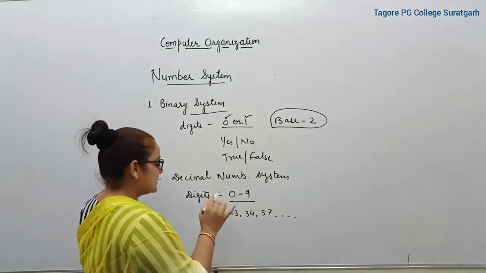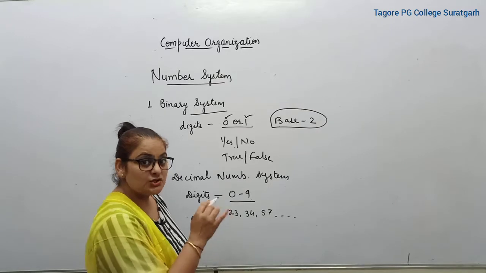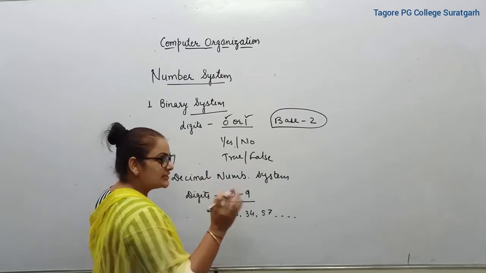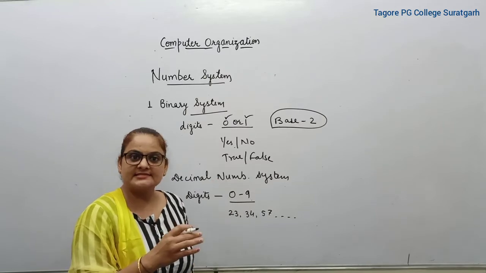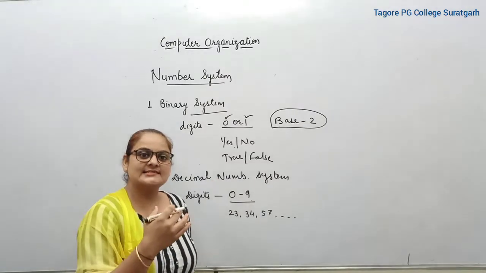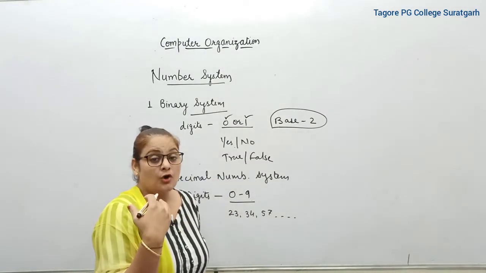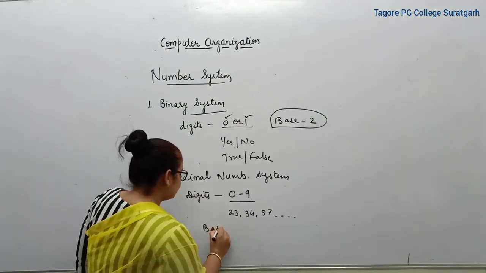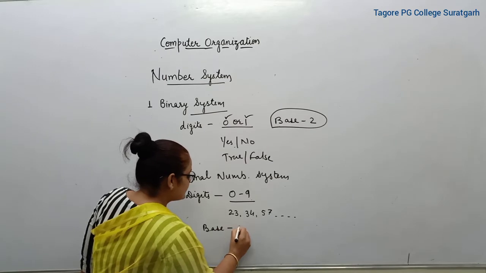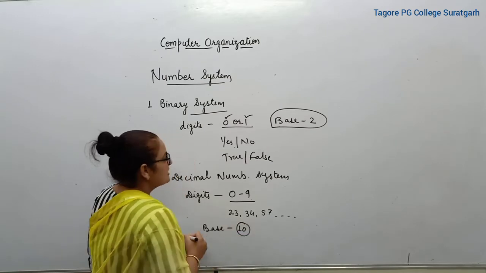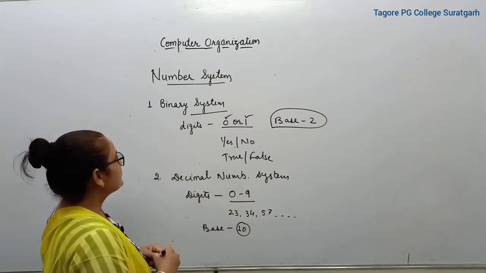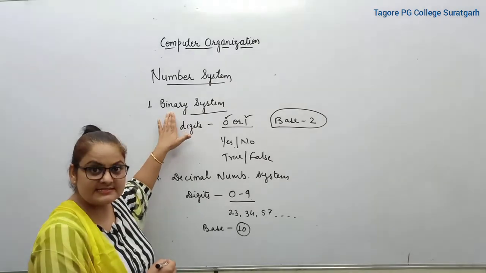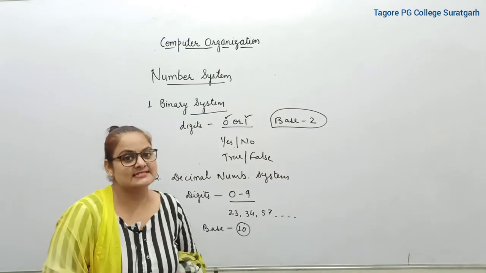As there are a total of 10 digits, its base is 10. The total number of digits present in a number system to represent all its numbers is called the base. So the base here is 10. This was about the two number systems: first the binary number system and second the decimal number system.